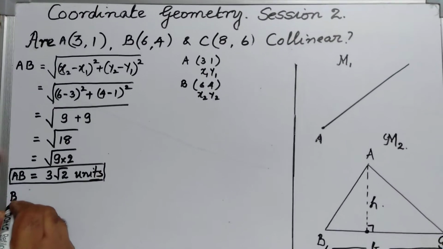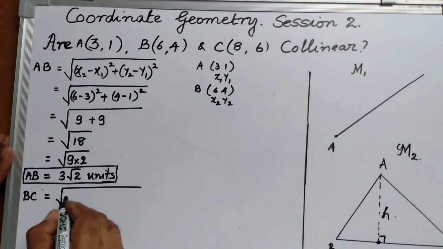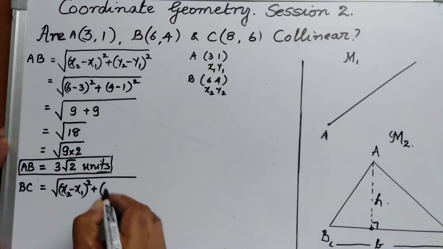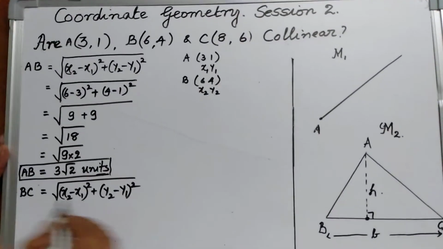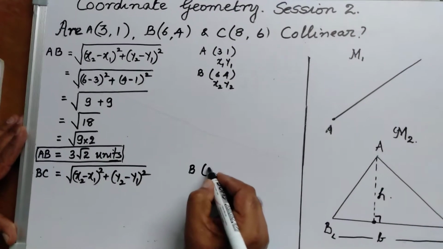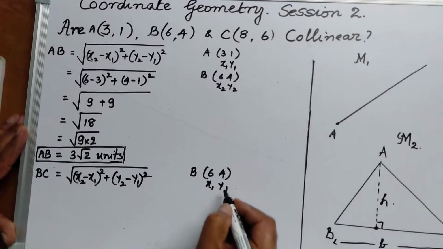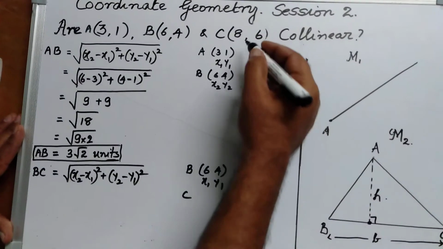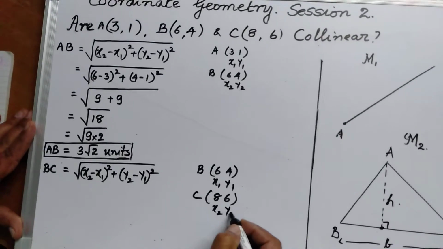Likewise, we will find out BC, and the formula remains the same, the distance formula, square root of (x2 minus x1) whole square plus (y2 minus y1) whole square. B corresponds to (6, 4), taken as x1 y1, and C corresponds to (8, 6), taken as x2 y2.